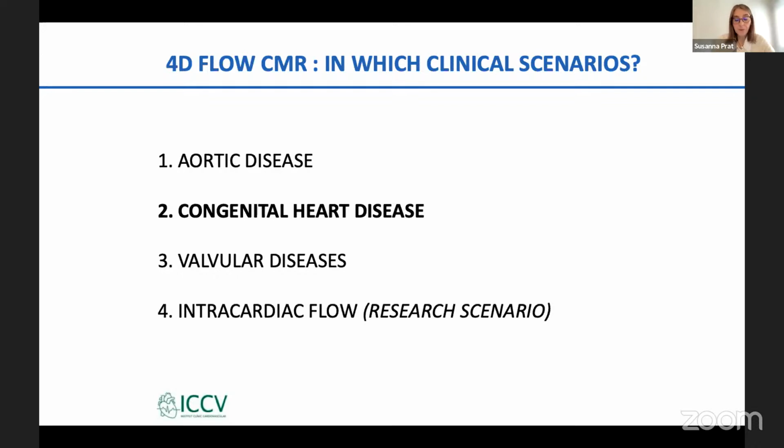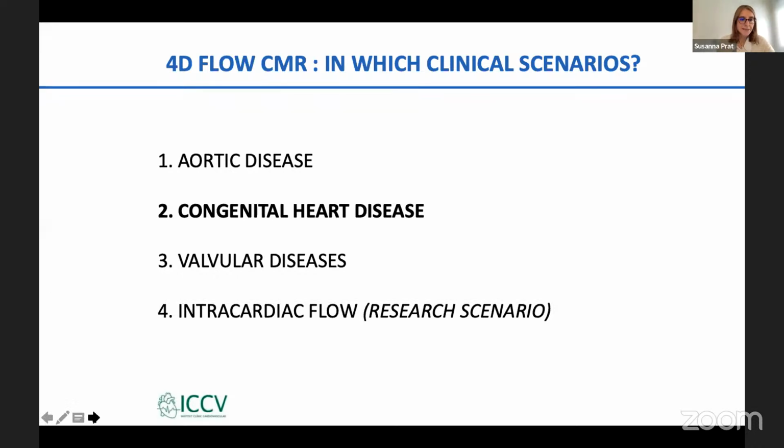Usually they come with several surgeries. Sometimes you don't know what the procedure was, and as you can imagine, echocardiography is the first line to go, but the 4D flow and the cardiac MRI are techniques that help us to do the diagnosis.